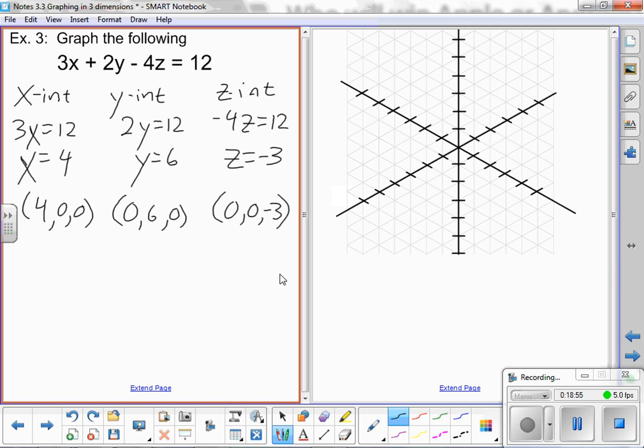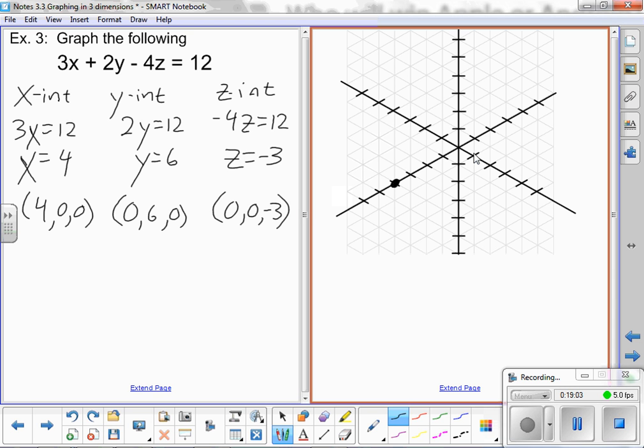Alright, so now we're going to graph these. So (4, 0, 0), that goes along the x-axis 4. So 1, 2, 3, 4. Y-intercept's at 6. So along your y-axis, we're going to move 6. 1, 2, 3, 4, 5. Oh, so way over here, 6.